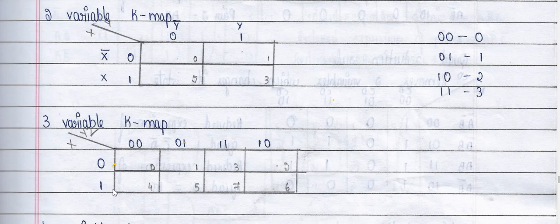First we have to consider the left side, then the top side. That is 100. 100 means 4. 101 is 5. 111 is 7. 110 is 6. You can write the inside numbers like that.